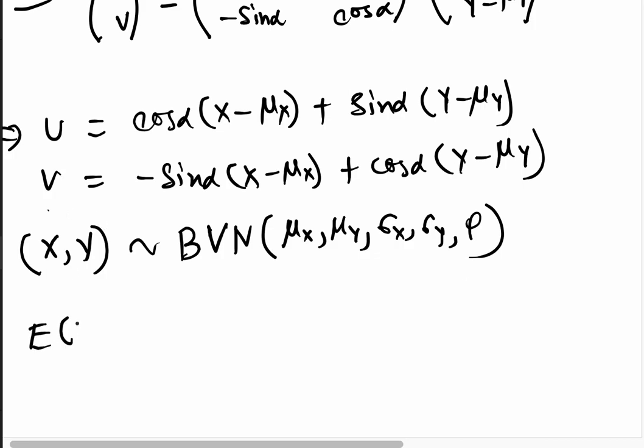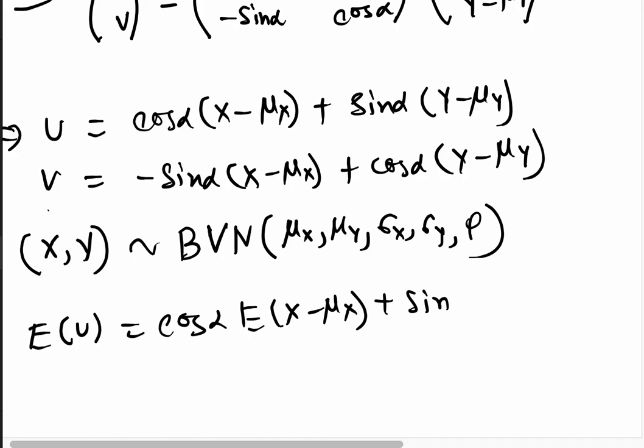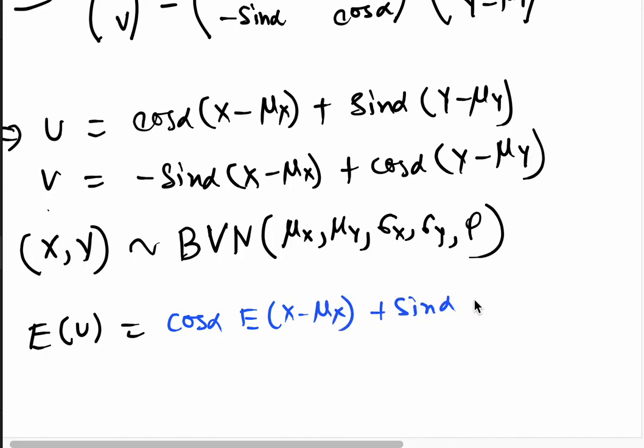Expectation first. Expectation of u is cos alpha expectation of (x minus mu x) plus sine alpha expectation of (y minus mu y).